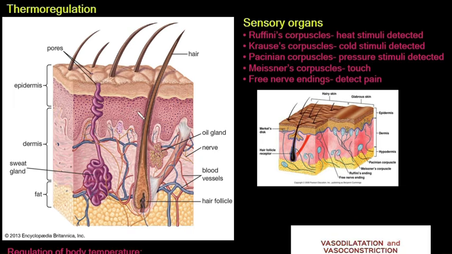So let's look at this cross-section of the skin. Before we get there, heat loss in humans occurs either through radiation, convection, or conduction.